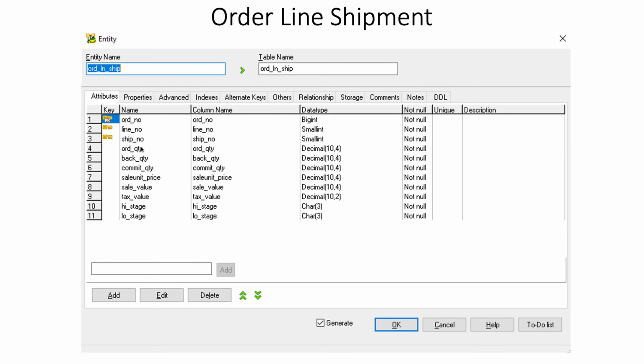So what was the order quantity when that line was shipped or created? What was on back order? What was committed? The sales unit price, and so forth, so that if you make 5 different releases, you can track them and see what happened.